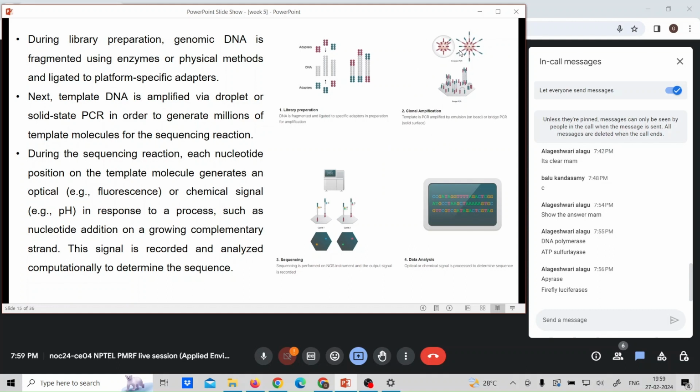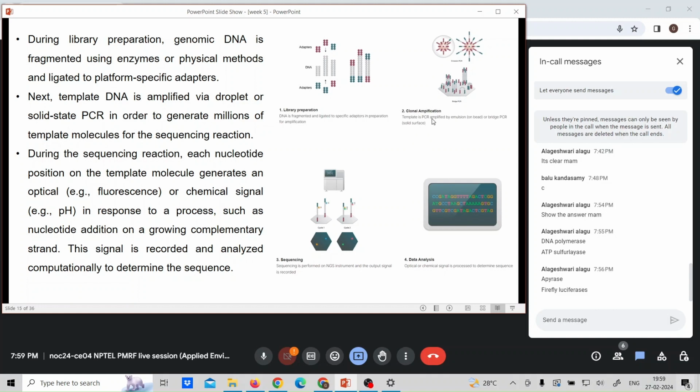This one is the emulsion PCR. You have emulsion droplets to which your DNA is attached, and there the PCR reaction is going to happen. Whatever I told about PCR gives the general steps in PCR. You have multiple kinds of PCRs, each with a slight modification.